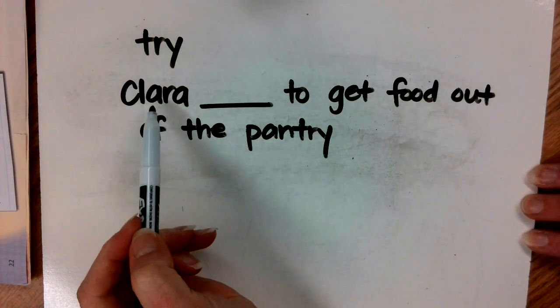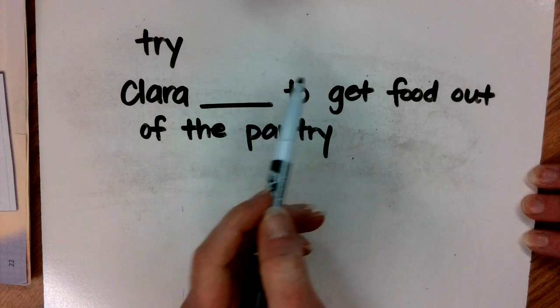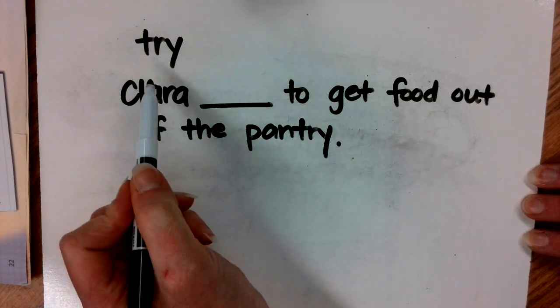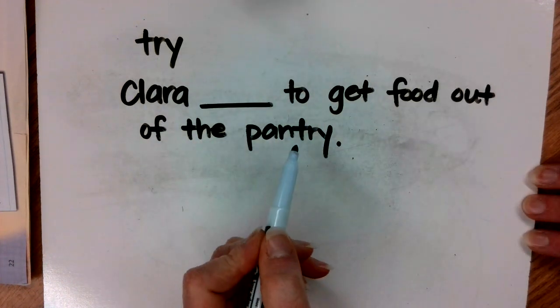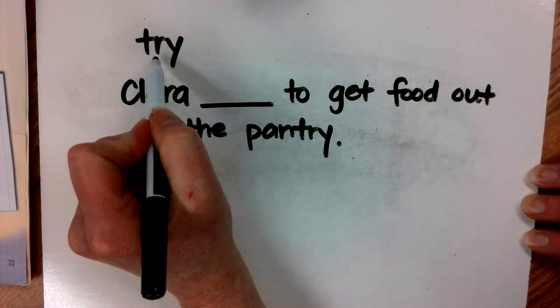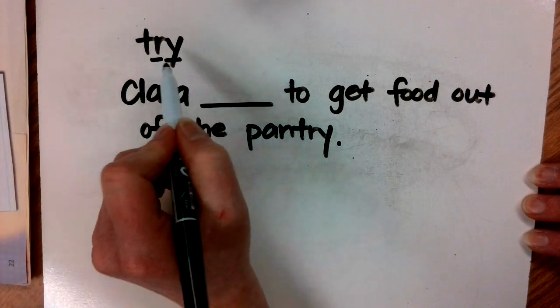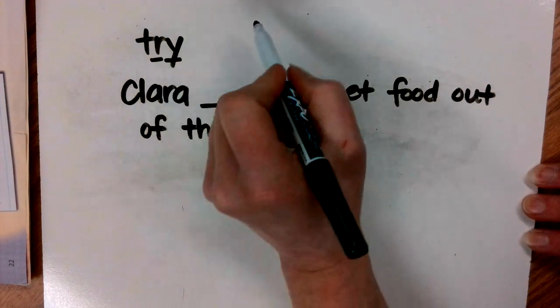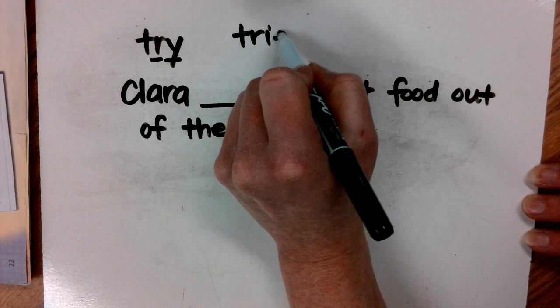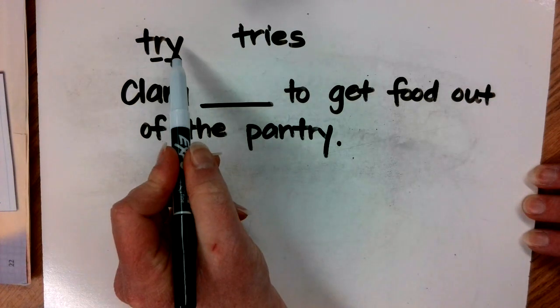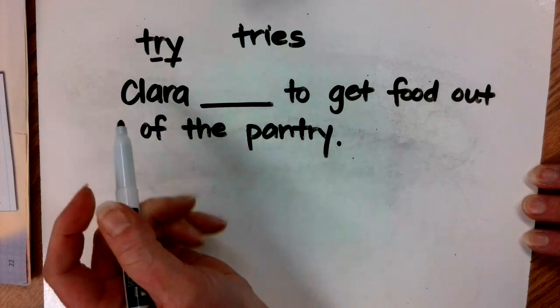Okay, so we didn't say Clara try to get food. We'd say Clara tries to get food out of the pantry. Try ends with a consonant Y. So when that happens, we're going to get rid of the Y. We're going to change the Y to an I and add ES.